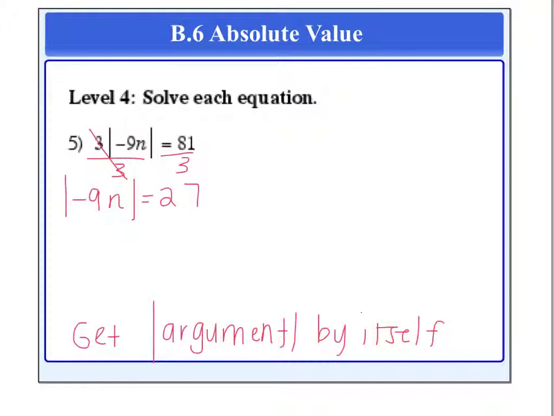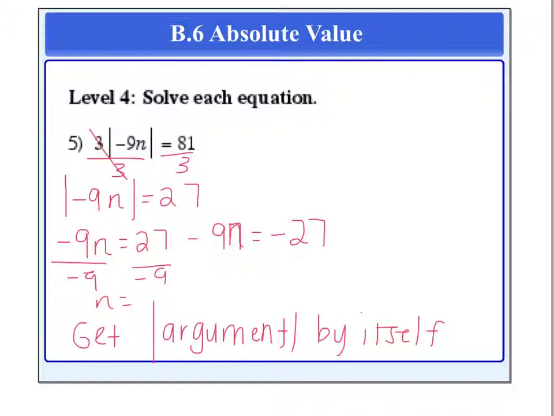So now I'm going to set negative 9n equal to 27. That's the argument, but I'm also going to set negative 9n equal to negative 27. When I divide by negative 9, I get n equals negative 3. There's one answer. When I divide by negative 9, I get n equals positive 3.